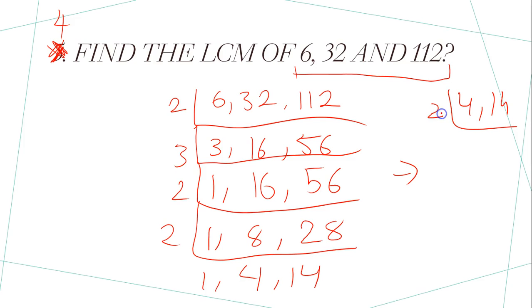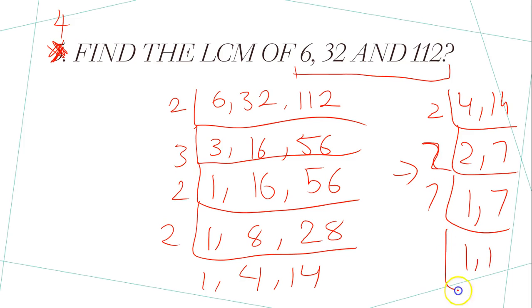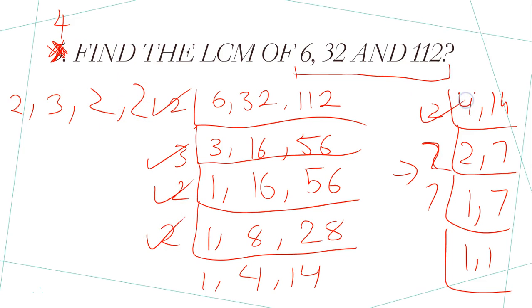Divide this by 2 again because they're even. 2 and 7. Then divide by 2 to make this a 1. And then this is 7. And then 7 to make both of these 1. So in total, our numbers are 2, 3, 2, 2, 2, and 7.